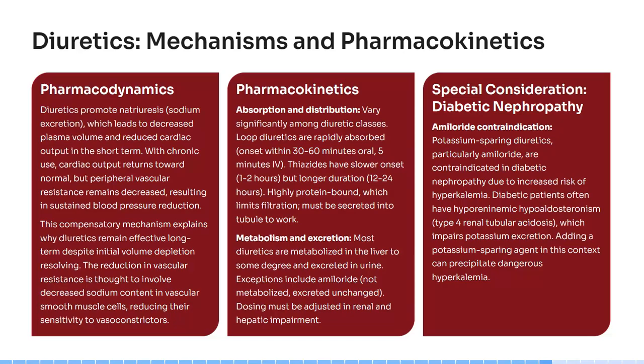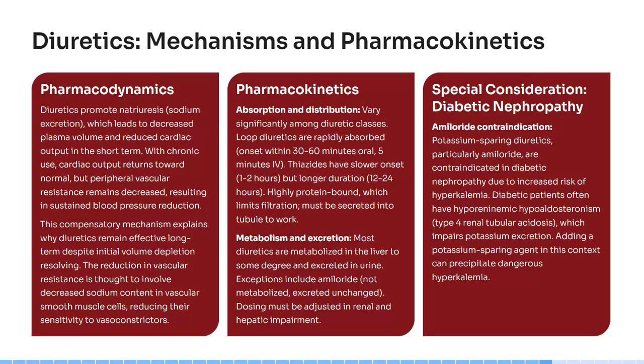That leads to a decreased plasma volume and reduced cardiac output. That's short term. With chronic use, cardiac output returns toward normal, but peripheral vascular resistance remains decreased, resulting in a sustained blood pressure reduction. The absorption and distribution vary significantly among those.